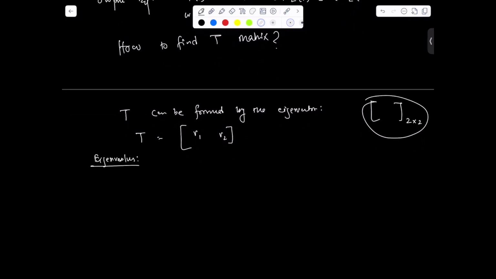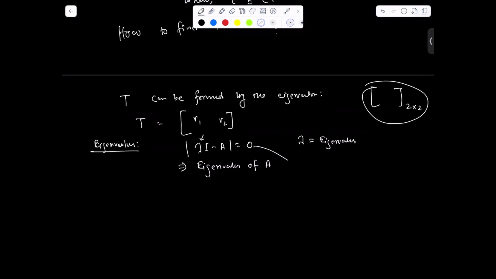If you remember in our earlier lecture, we used lambda I minus A equal to 0. This lambda is the eigenvalues. So if you solve this equation, we'll get the eigenvalues of A. This is also sometimes called the characteristic equation.